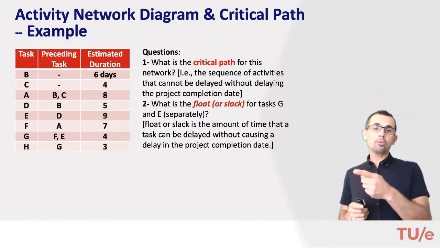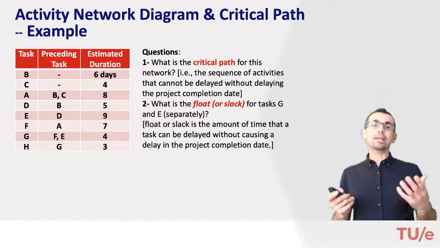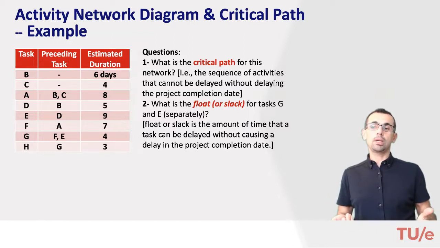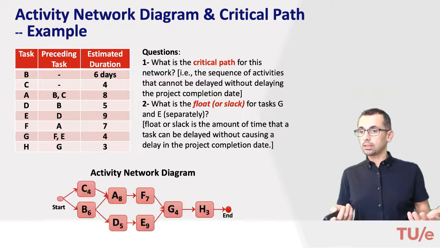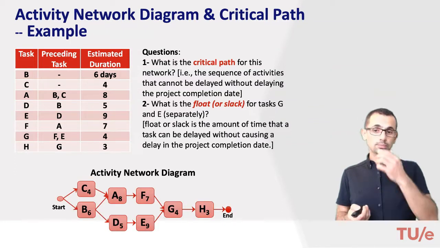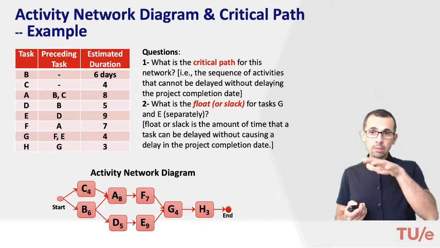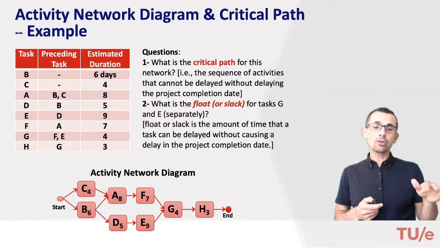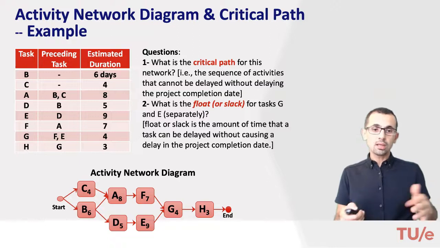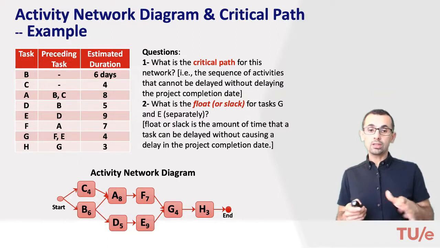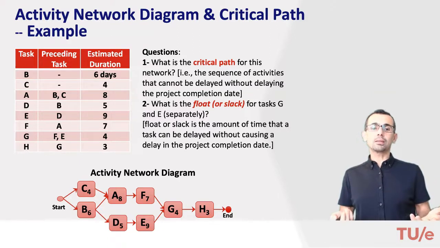So based on the information in the table, you can build an activity network diagram, and that activity network diagram can look like this. Based on the duration of these tasks and the precedence relationship between different tasks, you can calculate the critical path.